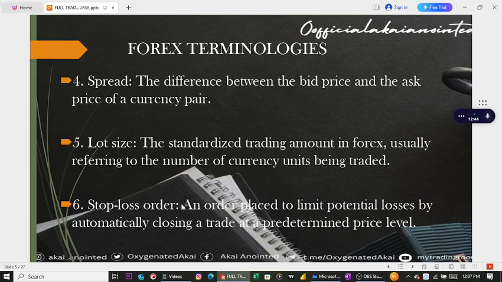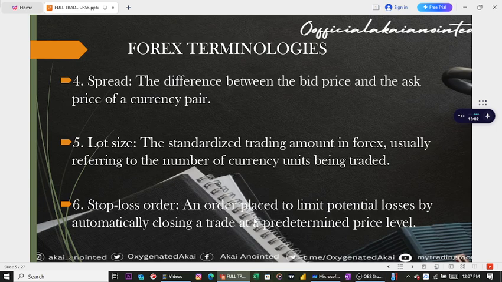Then we have the stop loss order. A stop loss order is an order you use to limit potential losses by automatically closing a trade at a predetermined price level that is against your entry. You understand that, against your trading target.